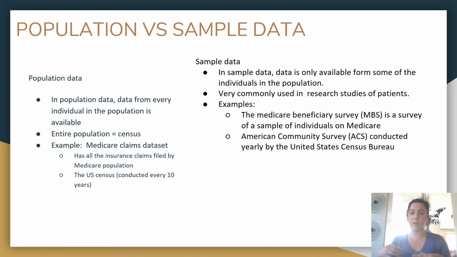This is actually way more common to use than a census, which is way less common. This is the more common thing to use in research. You usually want to collect sample data just because it's so much easier. Unless it's absolutely necessary to gather information on each individual within the population, usually we're just going to use a sample and have that represent the population.